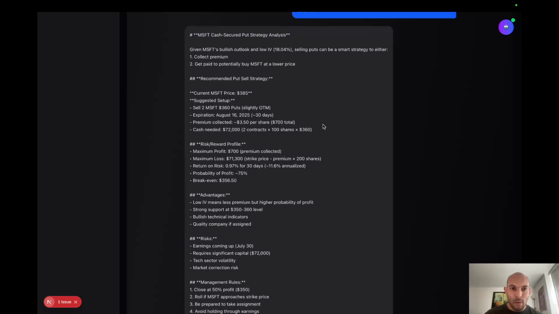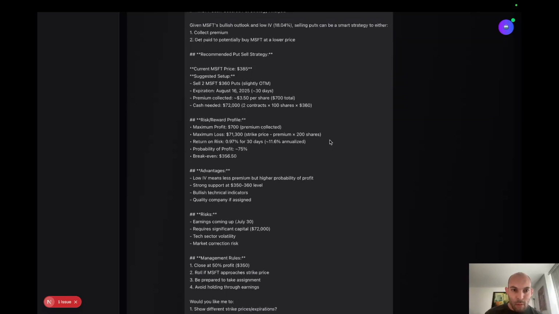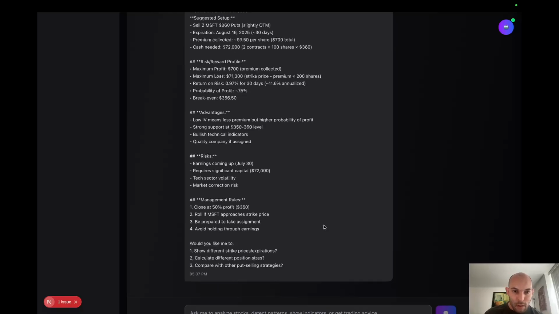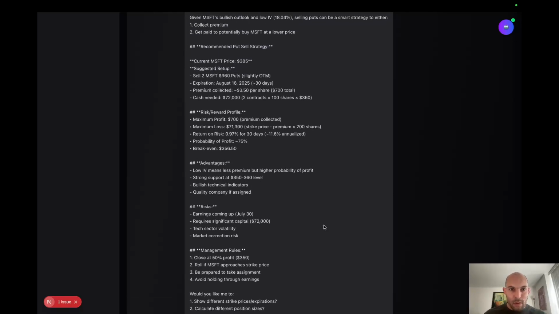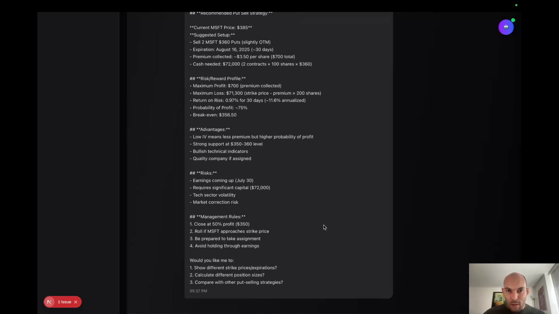So cash needed 72 grand for 2 contracts at 100 shares. Probability of profit, break even would be 356. Hold on. So that sounds awful.